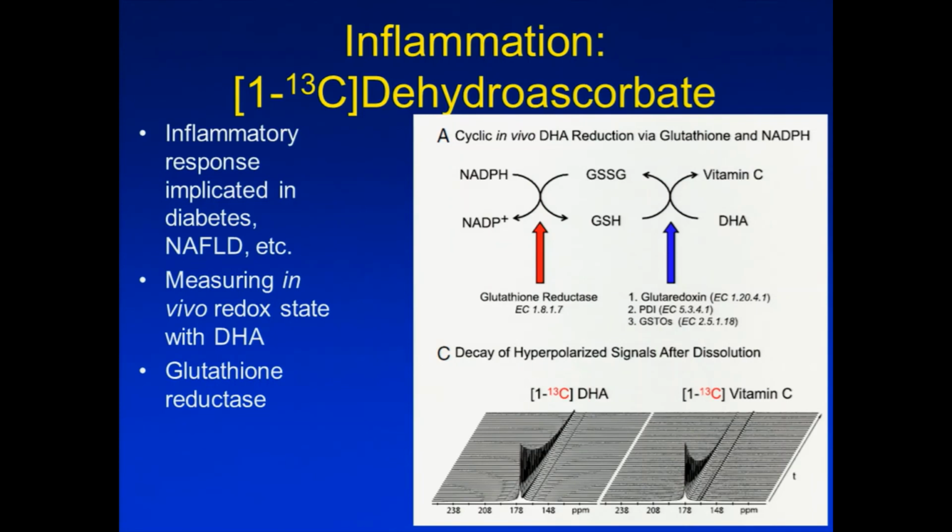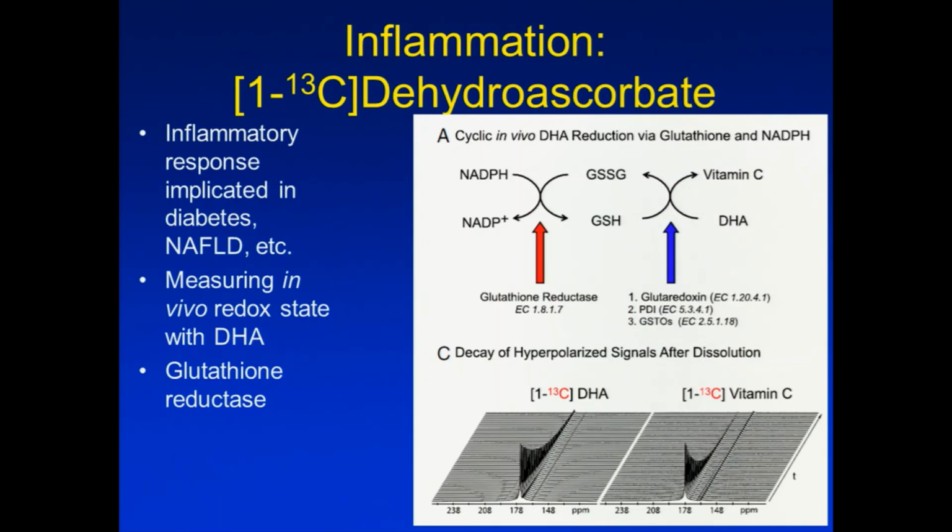Another big problem is inflammation. The inflammatory response is implicated in everything: diabetes, non-alcoholic fatty liver disease. And here's an imaging agent, dehydroascorbate, that from a spectroscopist standpoint is kind of boring.